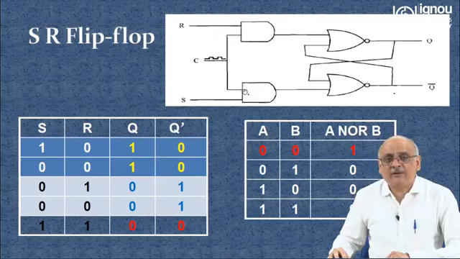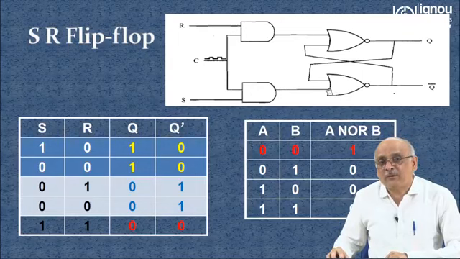The clock pulse occurs. At that point of time, the output of this particular gate is going to be 1, isn't it? Because the clock pulse has happened as well as set is 1, R is 0, so that is going to be 0, but the output of this is going to be 1.